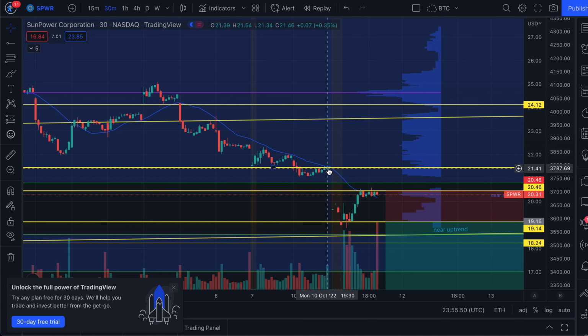You can see it is 21.41, and it gapped all the way down. Pre-market it was trading 20, which is a buck or so. Yep, exactly $1 below.